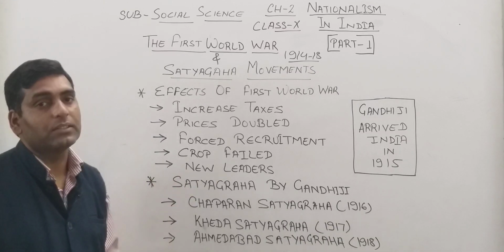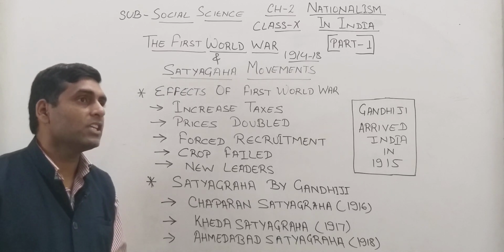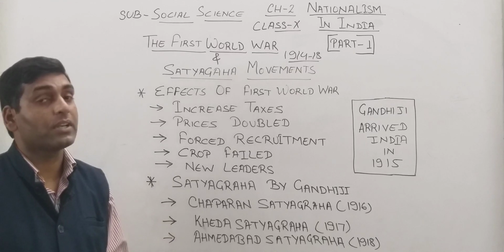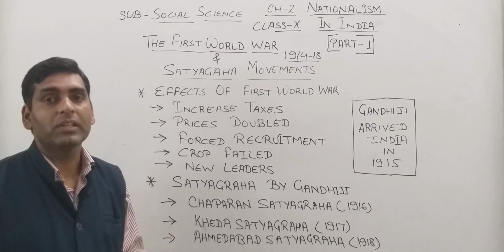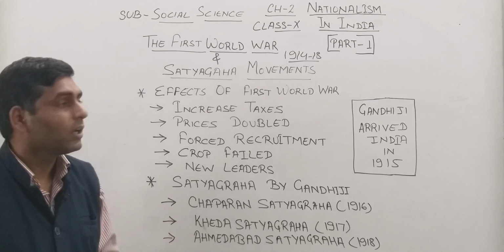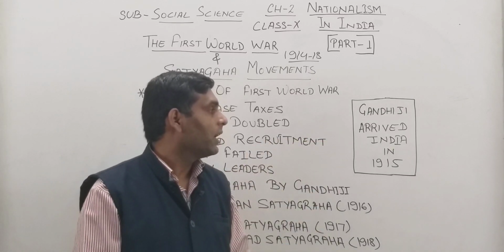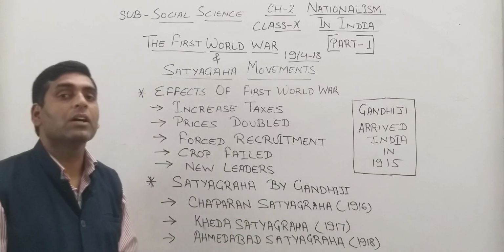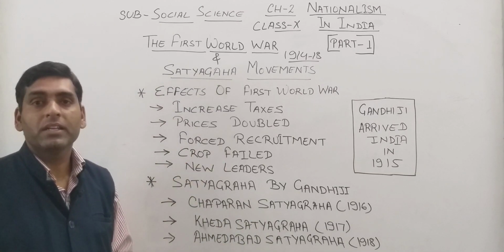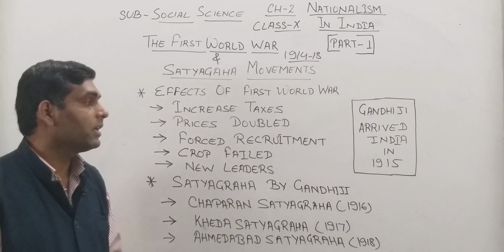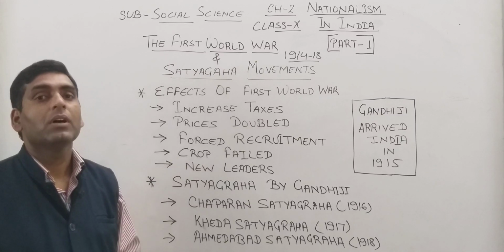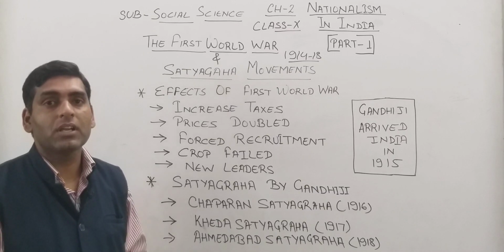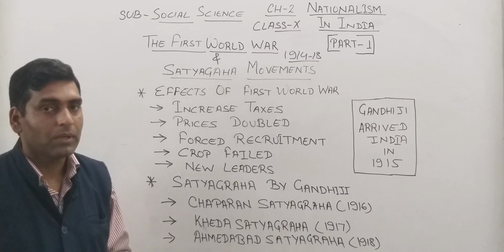Next, new leaders. During the period of 1914 to 1915, many important nationalist leaders were introduced in the Indian political scenario. Gandhiji arrived in India in 1915. Gandhiji introduced himself in Indian politics and the nationalist struggle when he returned from South Africa, and this was an important turning point for the Indian freedom struggle.